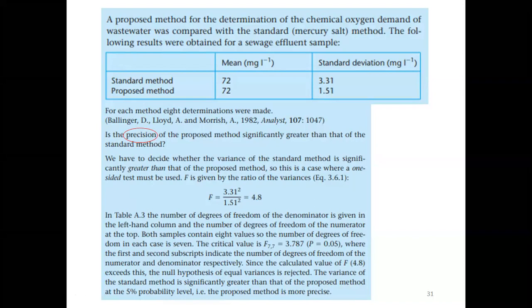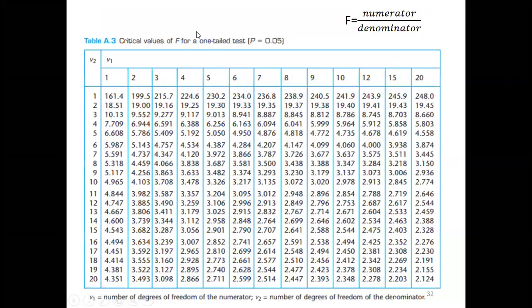When you find the critical value, you have to go to this table, which contains the critical values. The degree of freedom of the numerator is 7, so we take a value from this column. The degree of freedom of the denominator is also 7.